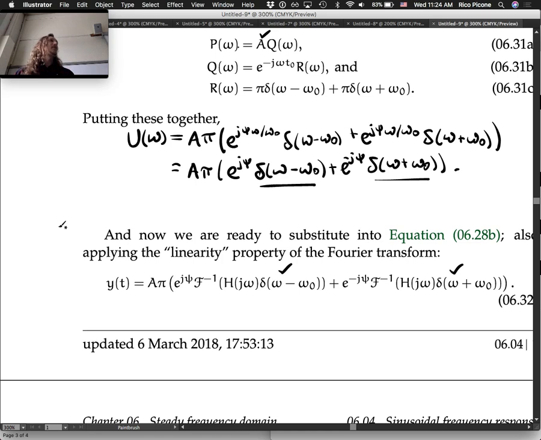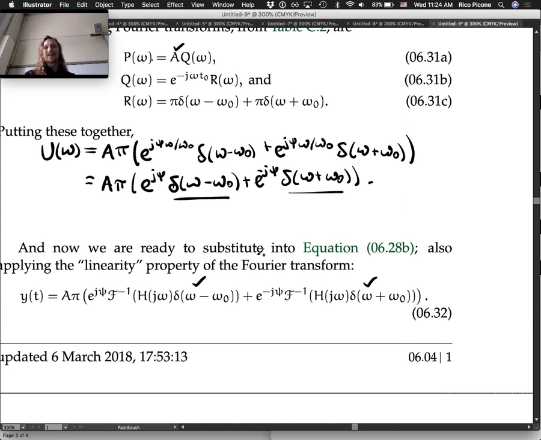And one of the nice properties, remember last time we talked about the sifting property of the deltas. When you integrate over something with a delta in it, it's real easy. So that's what's going to save us here too: we're going to integrate over these delta functions, get rid of them, and also get rid of the integral while we're at it.